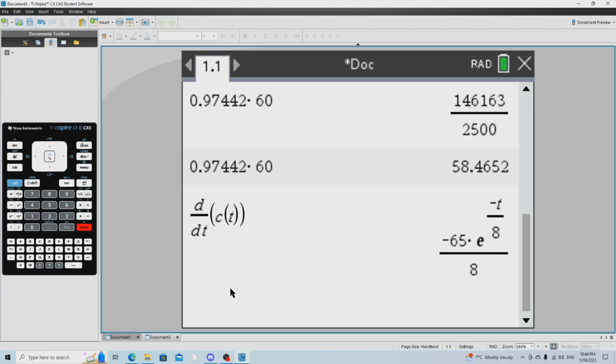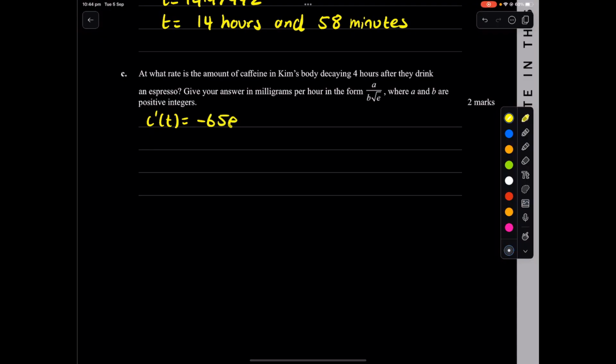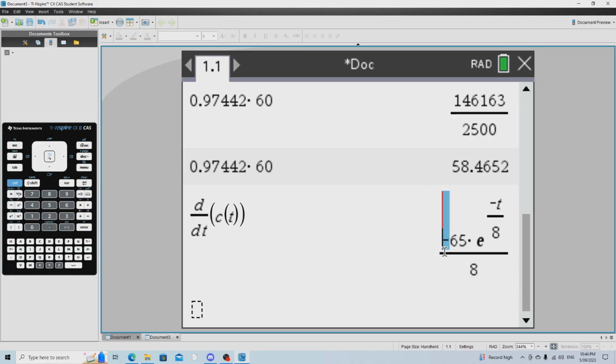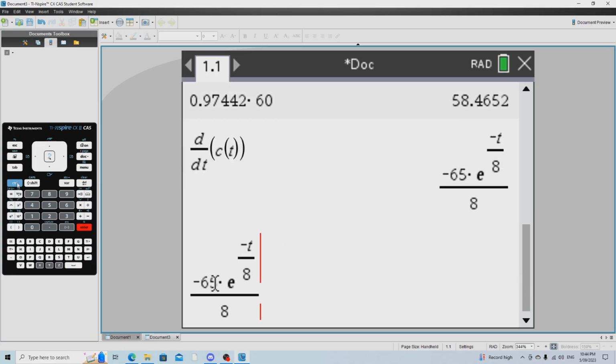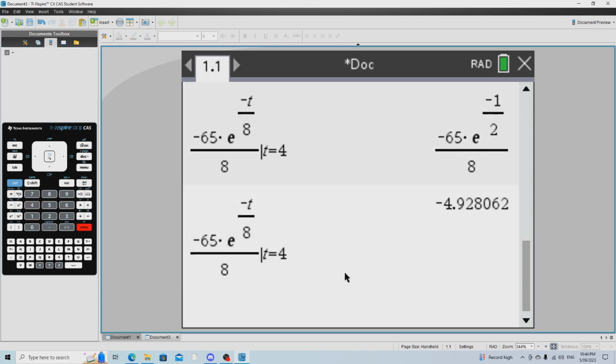Okay, so it's negative 65 E negative 2 on 8 all over 8. And we want to find when it's 4 hours. So given that T is equal to 4, we get negative 4.